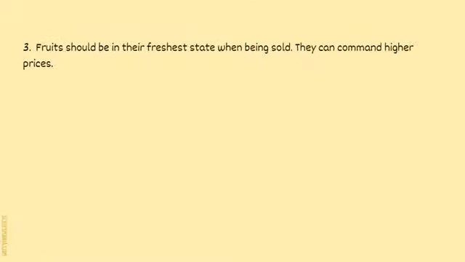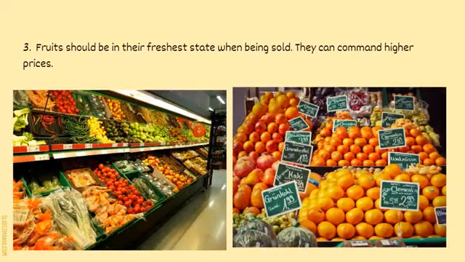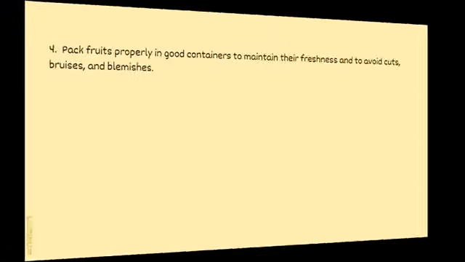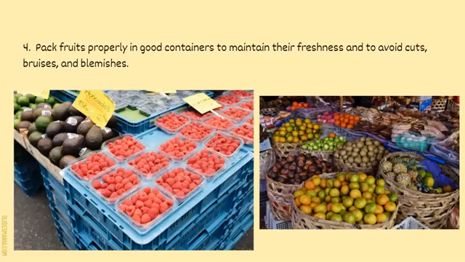Fruits should be in their freshest state when being sold. They can command higher prices. Pack fruits properly in good containers to maintain their freshness and to avoid cuts, bruises, and blemishes.